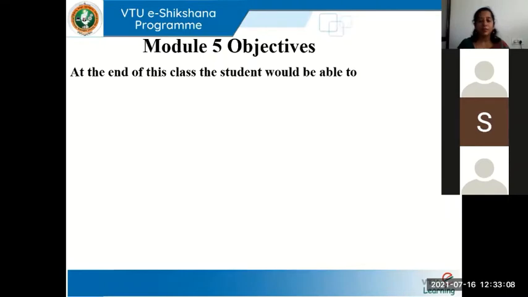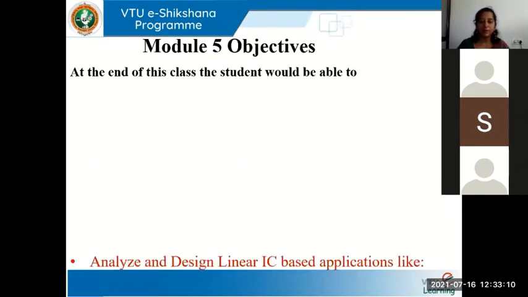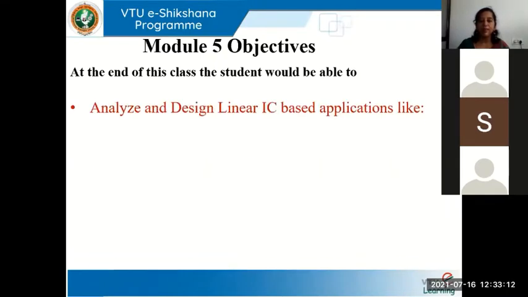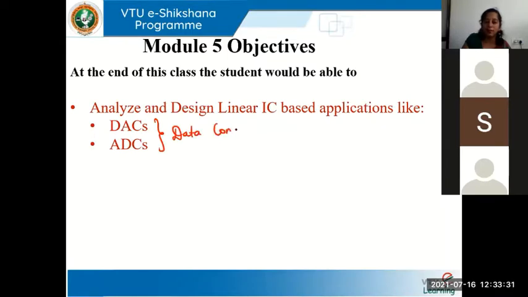Now, let's discuss what the objectives in module 5 are. At the end of this module, not this class, at the end of this module, you will be able to analyze and design linear IC based applications like DACs, ADCs, both put together. We call them data converters.